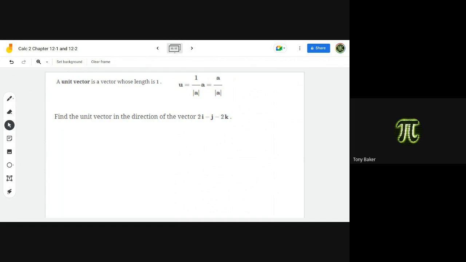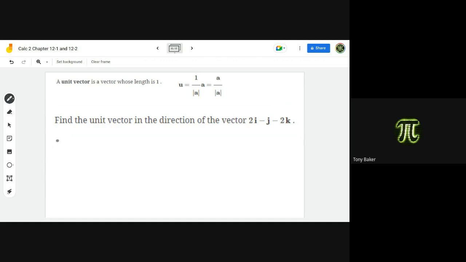So if we have our problem here, it's 2i minus j minus 2k. First thing I have to find is my magnitude for this one. The magnitude is the square root of 2 squared plus negative 1 squared plus negative 2 squared.